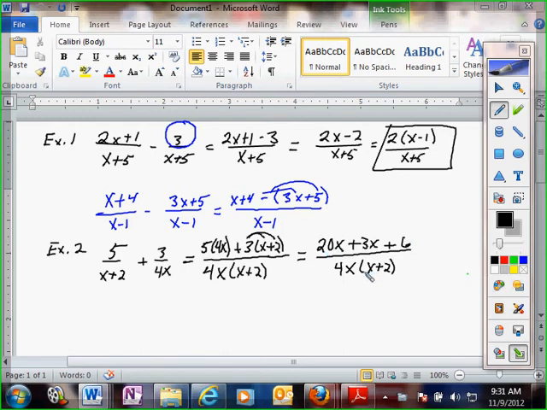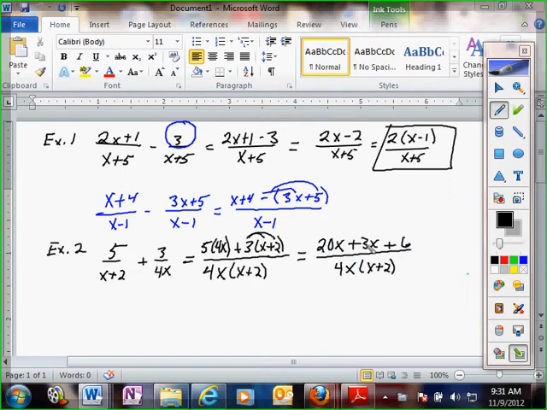And something might cancel out and something might not. But as a rule of thumb, just leave your answers all in factored form. And so just leave this bottom in factored form, and hopefully when I factor this top, something might cancel out. But even if it doesn't, it'll still be correct if it's in simplest terms.